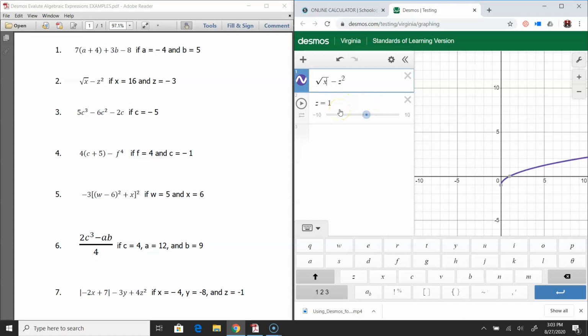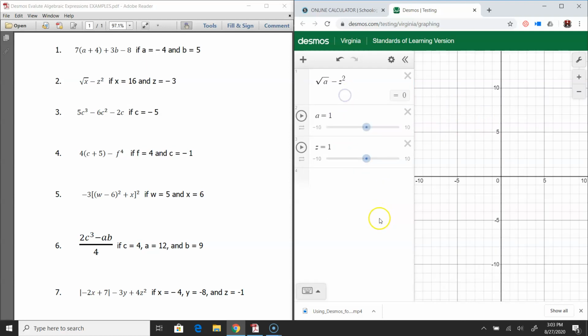All right, I think what we may have to do is not use the variable x, because you notice over here we've got this graph popping up, and I think that may be related to that x. So let's change that x to an a. So instead of the square root of x minus z squared, let's make it the square root of a minus z squared.